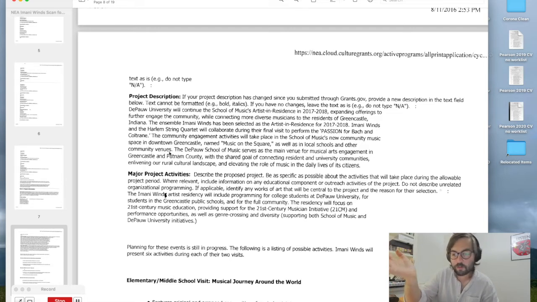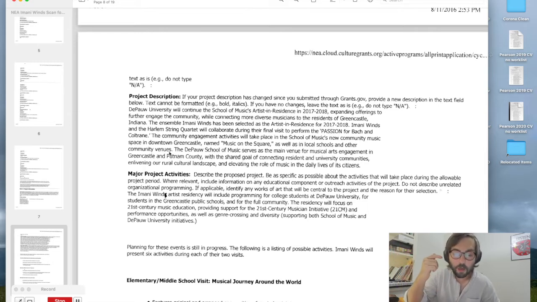So a few things to highlight here. Who, what, where, when, why, it's all here, right? The when, it's obvious, 2017-18. The who, Imani Winds, Harlem String Quartet in part. Who are the partners? Music on the Square, DePaul School of Music. The where is the Music on the Square and the DePaul School of Music.